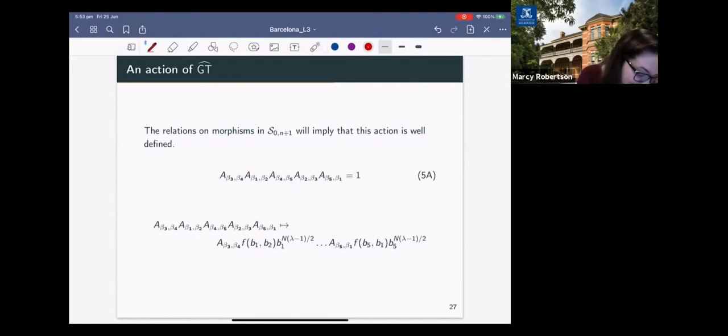So you act on the relation. I'm going to act on the sequence A beta 3 and so on through A beta 5 beta 1 by my choice. I put dots here because it doesn't fit on the slide.